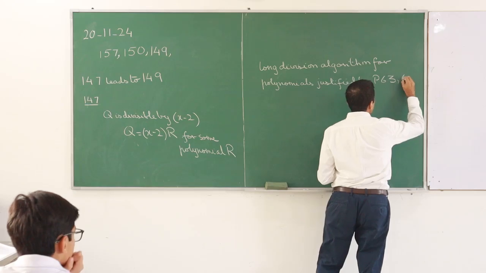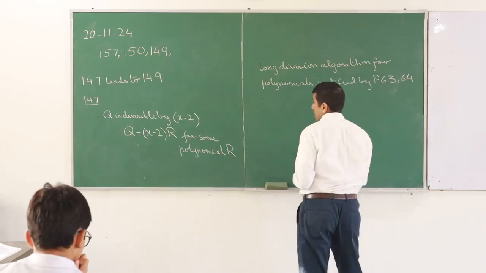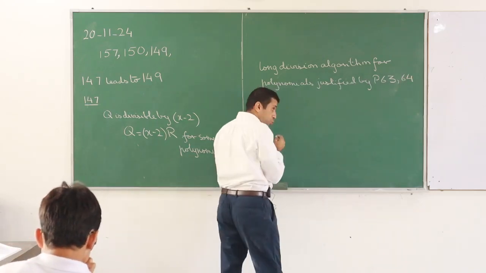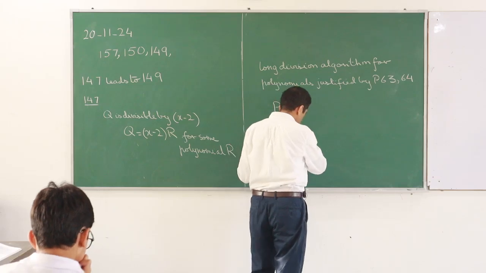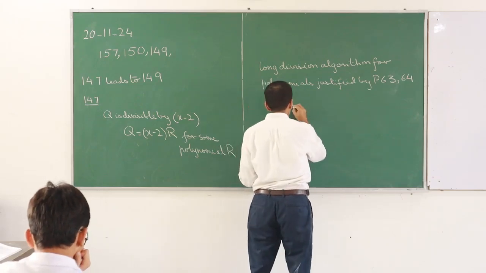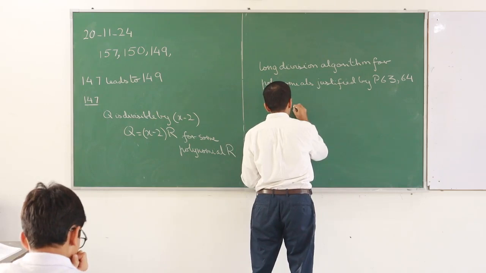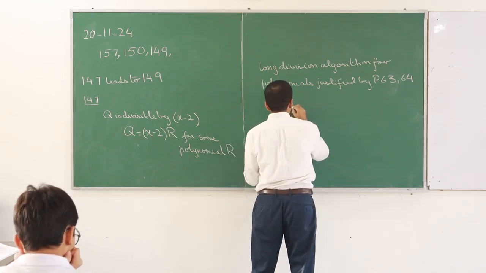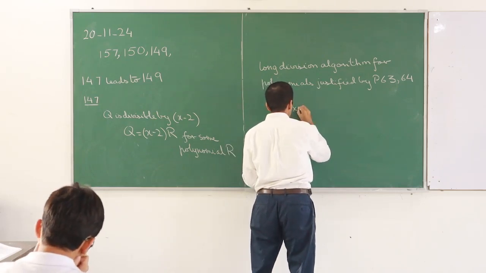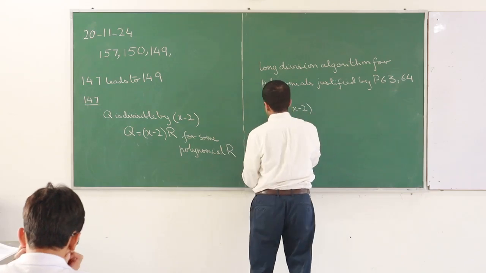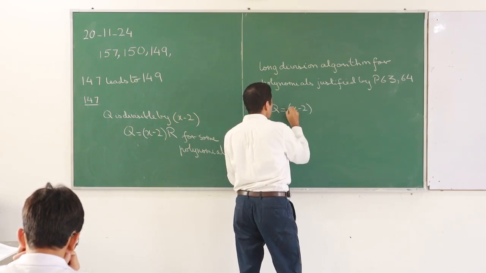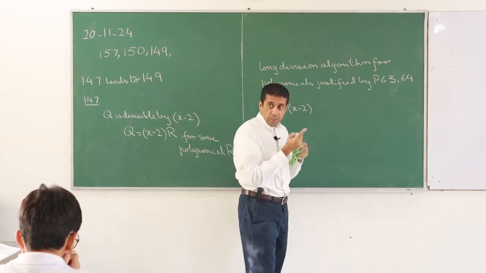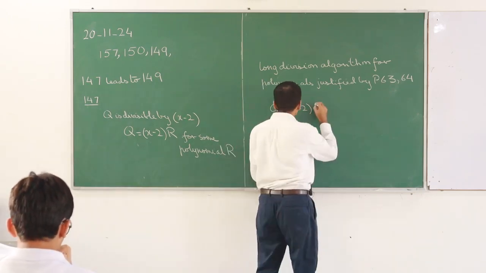So once you understand why the long division algorithm works, then you know that for any polynomial, if you divide by any divisor, say a linear polynomial, you will get a quotient.